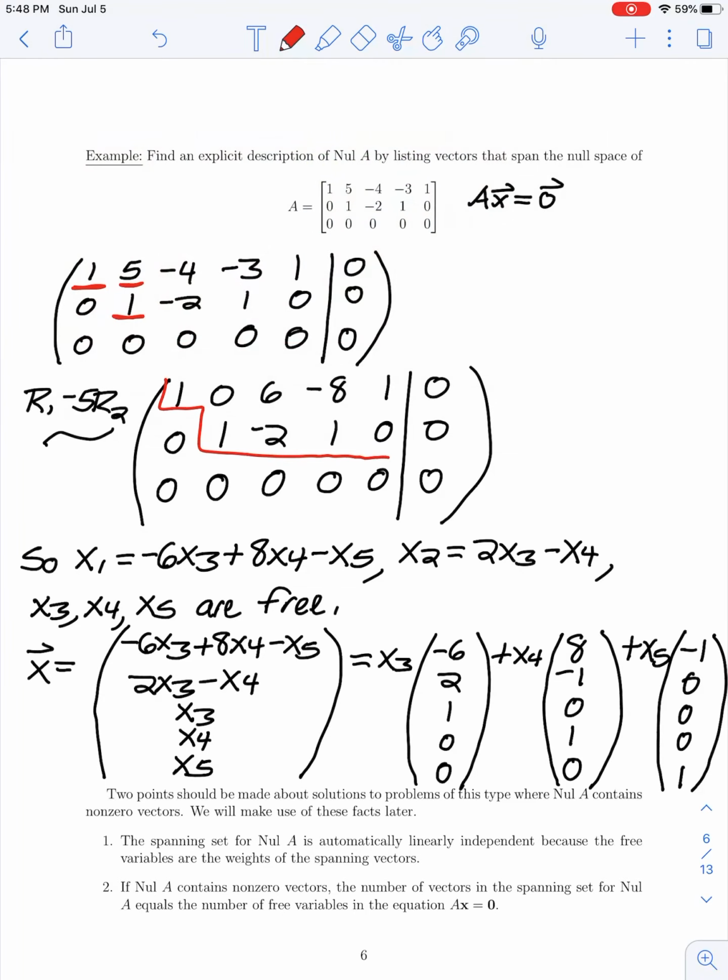So for vectors x in the null space of this matrix A, we can write them as a linear combination of these 3 vectors, which I'll call v1, v2, and v3. Here our explicit description is that the null space of A is the span of v1, v2, and v3.